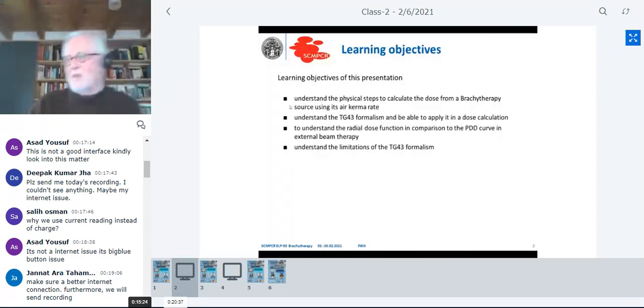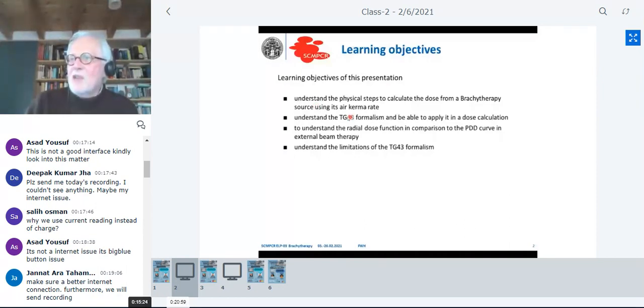Okay. So the objectives of this presentation are to understand the physical steps. How do you actually calculate dose from a brachytherapy source? How is it done as a physical procedure or as a physical calculation? And then how is it actually done in your planning system?